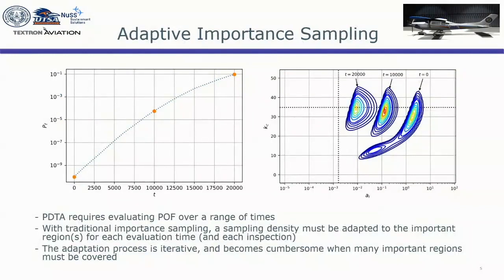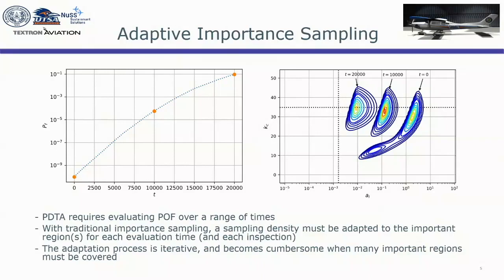So having introduced the concept of importance sampling, now we can look at what is involved with applying importance sampling to probabilistic damage tolerance analysis. The problem is not that importance sampling is inefficient, it's just that for different time points in calculating the POF, the important region of the variables is going to shift.